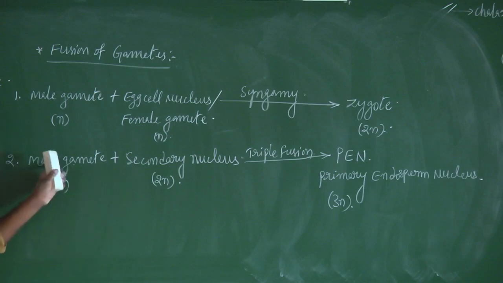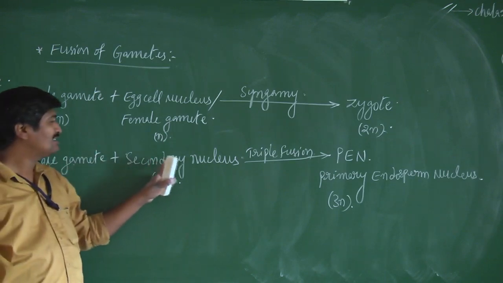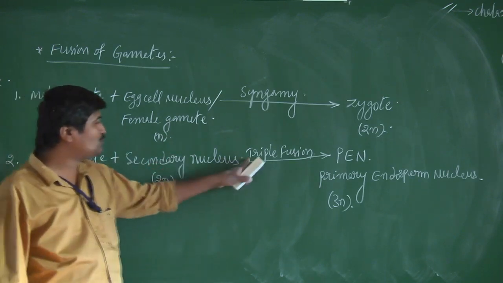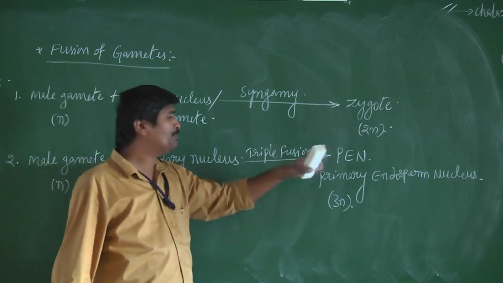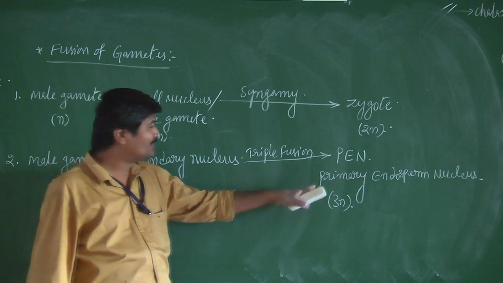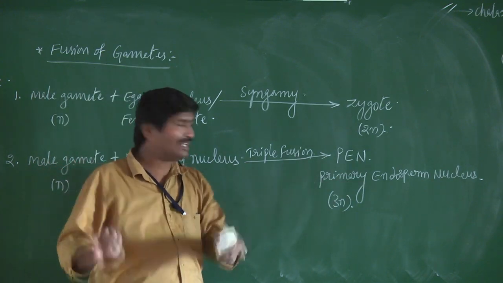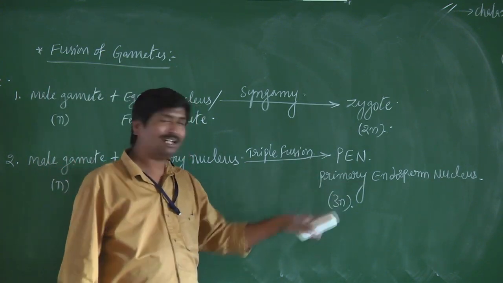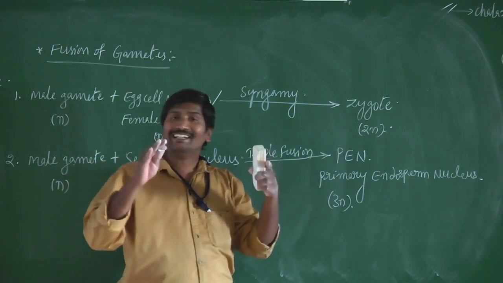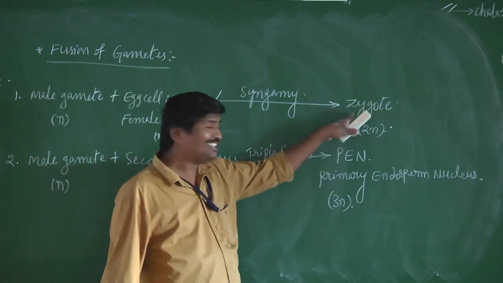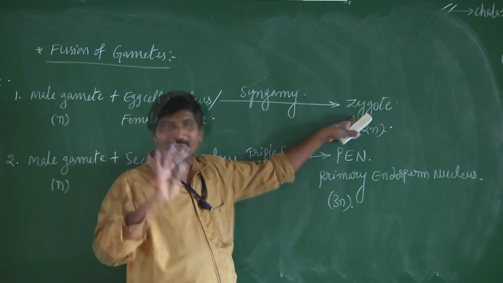Second one, the male gamete fusing with the secondary nucleus is known as triple fusion. As a result of triple fusion, PEN is developed, that is, the primary endosperm nucleus. The primary endosperm nucleus is triploid, the zygote is diploid. And further, this zygote develops into the embryo.